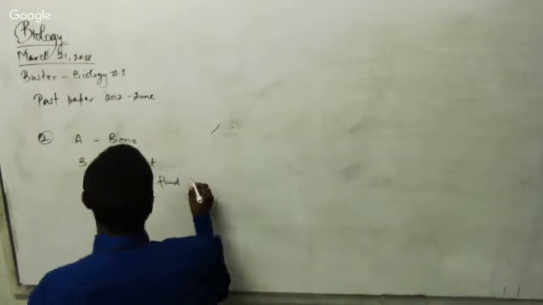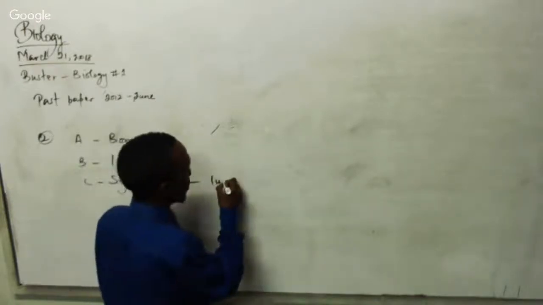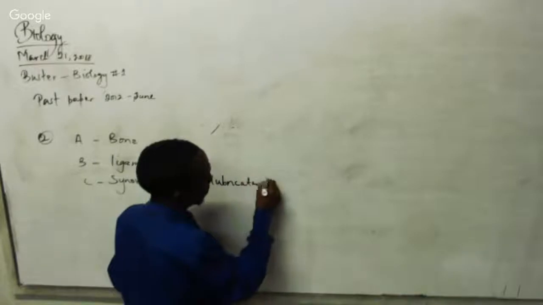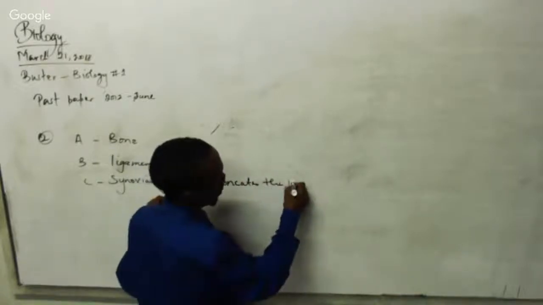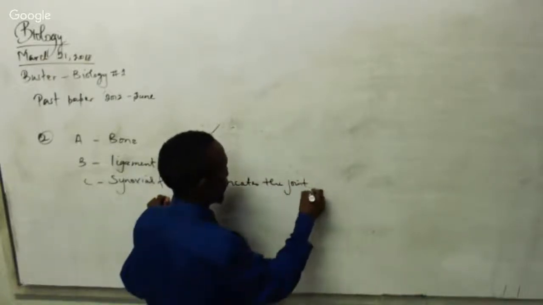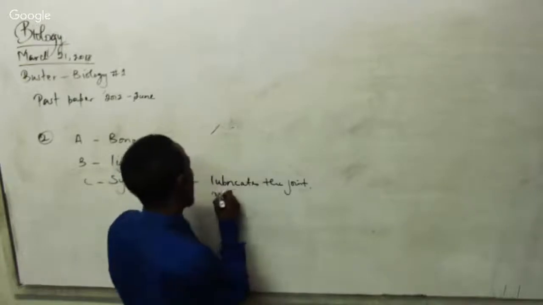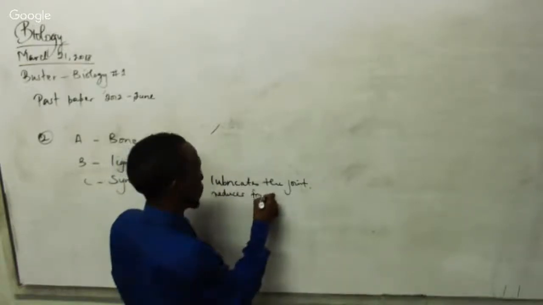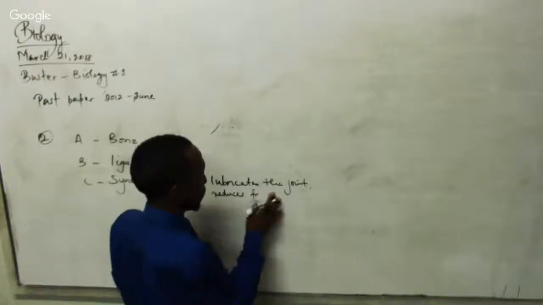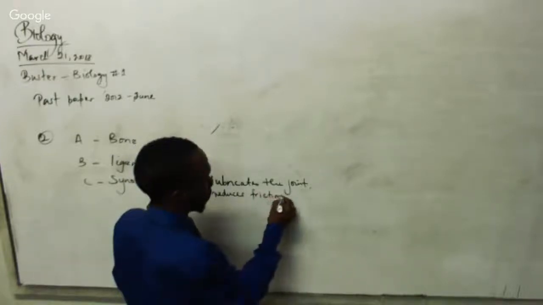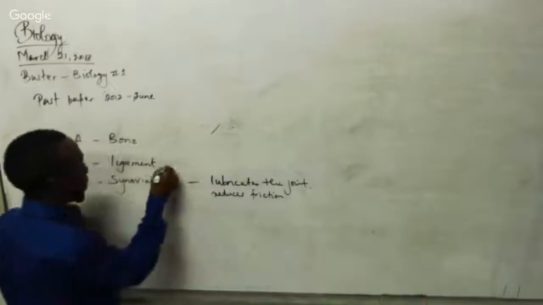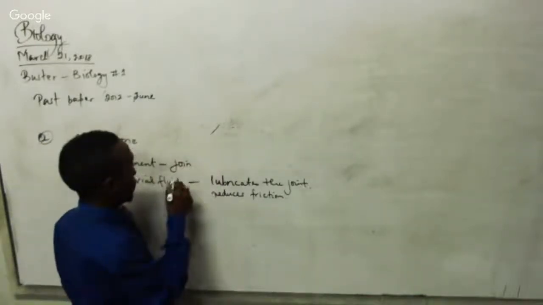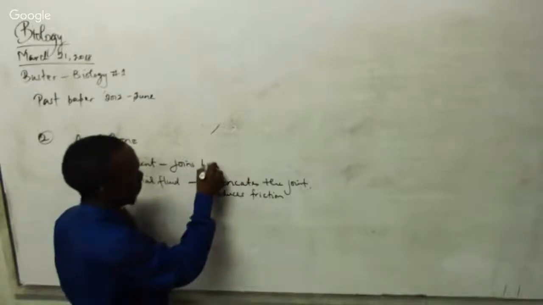So synovial joint, the function: lubricates the joint. Why? Because it reduces friction. What do ligaments do? Join bone to bone.